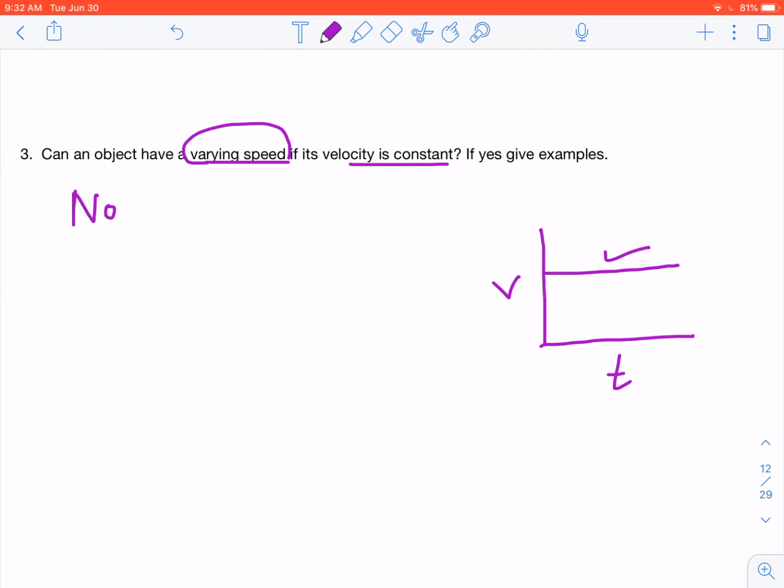Since the velocity is constant, its speed is constant.